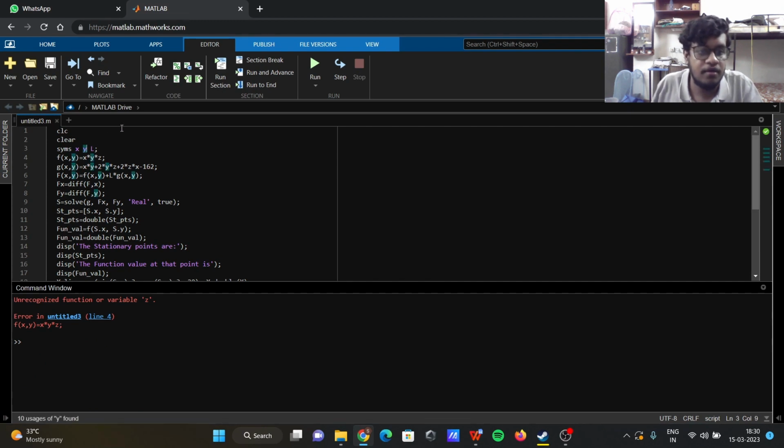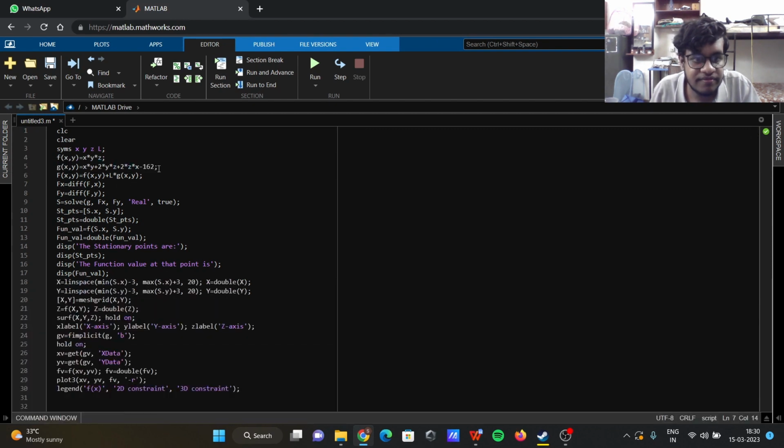Yeah, almost forgot y z, and this is a problem in 3 dimensions, right? So f of x comma y comma z, g of x comma y comma z, and the capital F of x comma y comma z, small f of x comma y comma z, g of x comma y comma z.